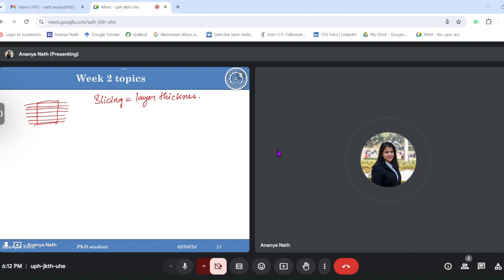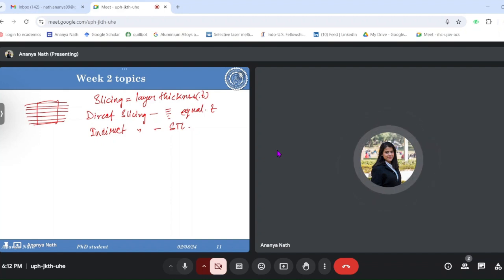So we can have direct slicing, we can have indirect slicing. Direct slicing is to just slice the part with equal layer thickness, which is T, and indirect is to slice it from the STL file. Then again, we have uniform slicing, and we have adaptive slicing.